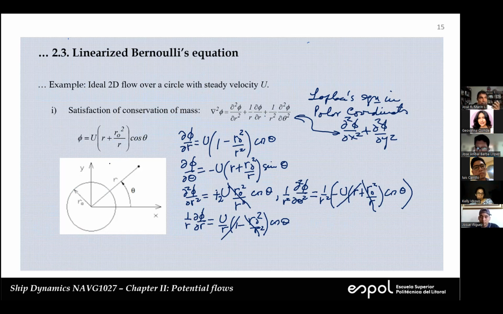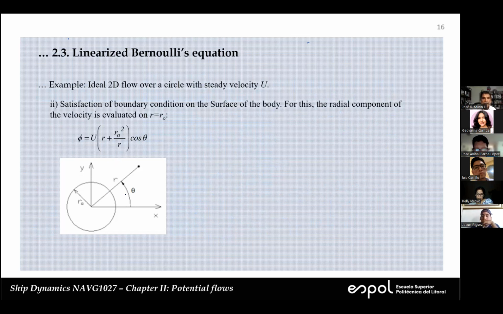Because this is a body, we cannot have any fluid crossing the surface of the body. And for that, we are going to satisfy the boundary condition on the surface. So we are going to evaluate the velocity on the body, and here we cannot have this component.